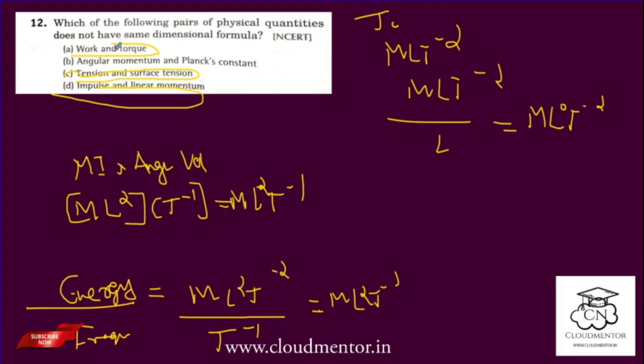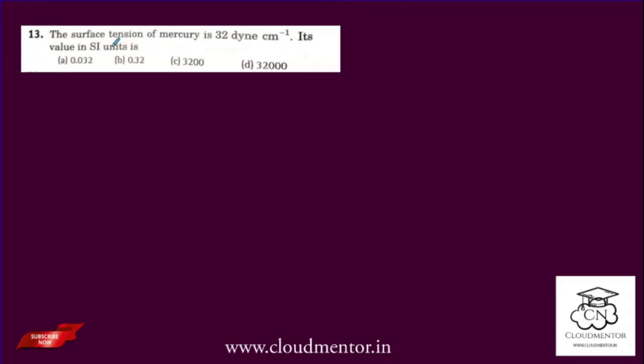So that is also the same. So option C is the wrong one, not having the same dimension formula, and that is the right answer. Moving to the next question.